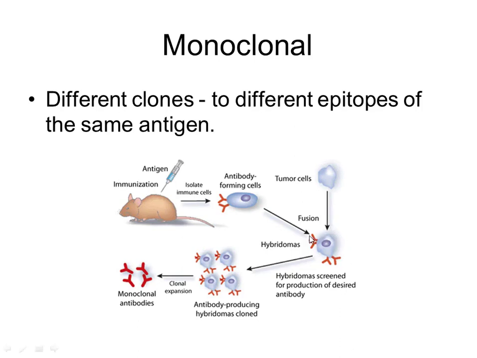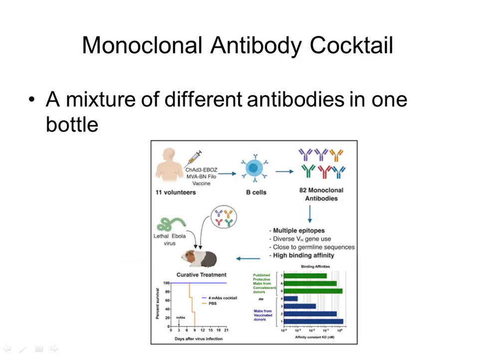Then these cells progressively proliferate and form multiple antibodies. When we isolate them, we receive monoclonal antibodies.